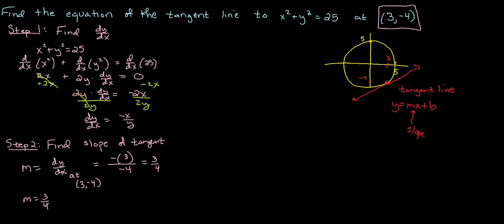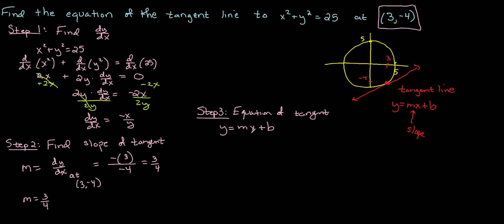Now we need to find the equation of the tangent line. So I'm going to label this step 3. So the equation of the tangent line, well, we know we're working with y equals mx plus b. That's the general slope-intercept form of a line.